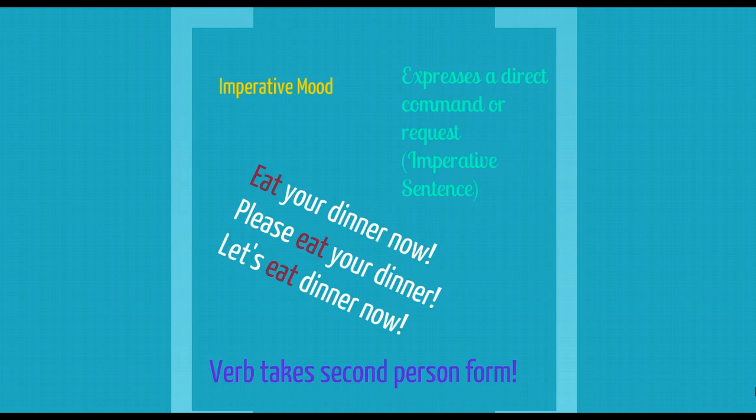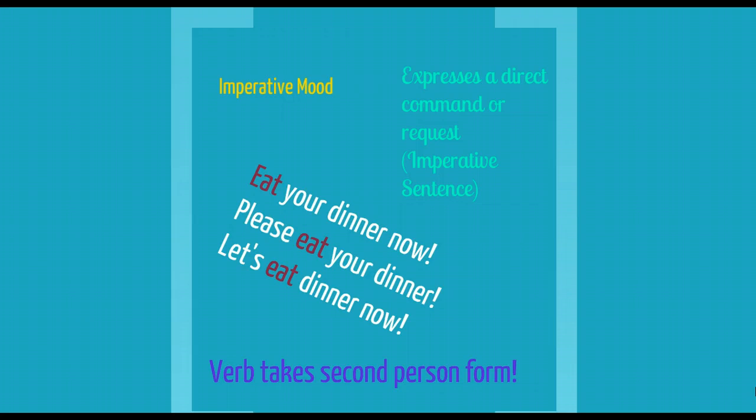Or let's eat dinner now. Those are all uses of the imperative mood. And notice the imperative mood always takes the second person form. So when you conjugate an imperative verb, you're really just taking second person because you're implying the you as the subject, right?